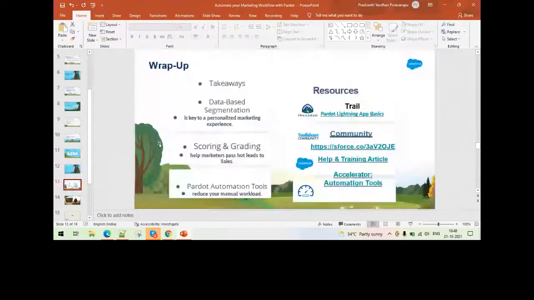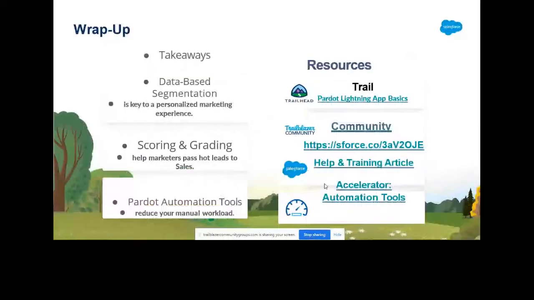Okay, so I do have a few takeaways. I just summarized them over here. Database segmentation is always a key to a personalized marketing experience. Scoring and grading will help marketers pass hot leads to sales, so the sales team would not lose much of their time. And Pardot automation tools will obviously reduce your manual load.